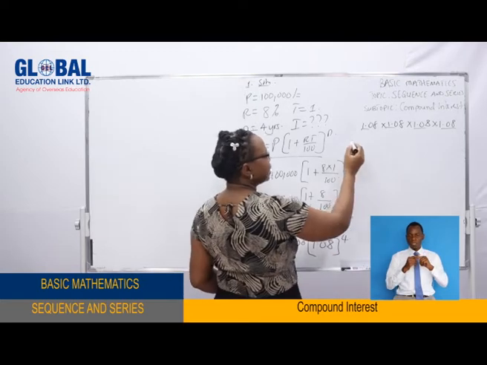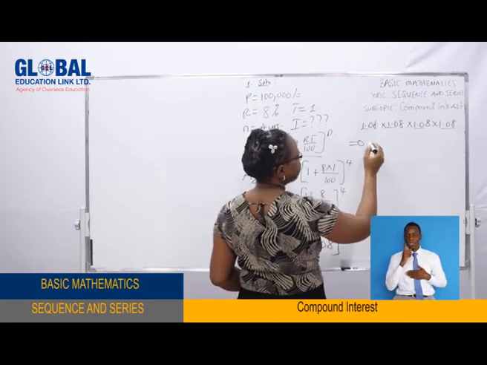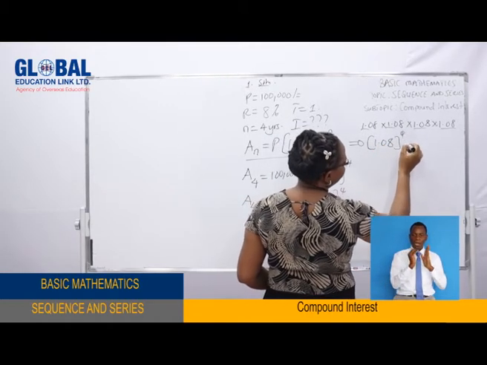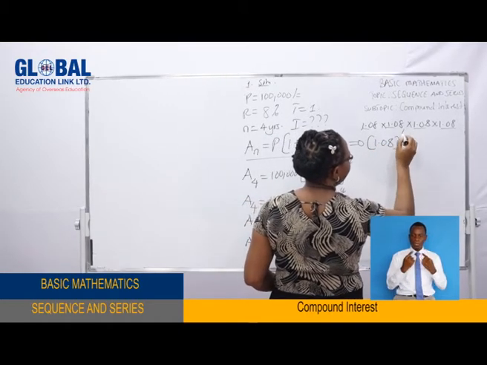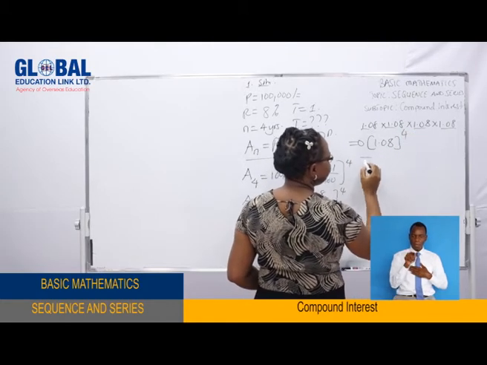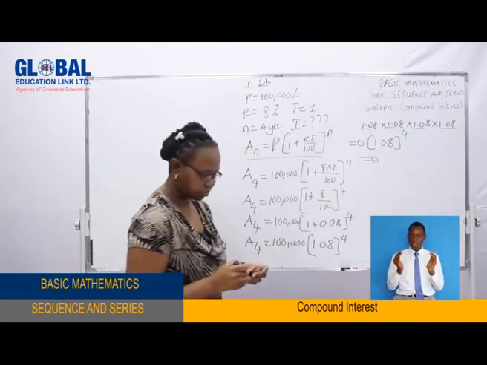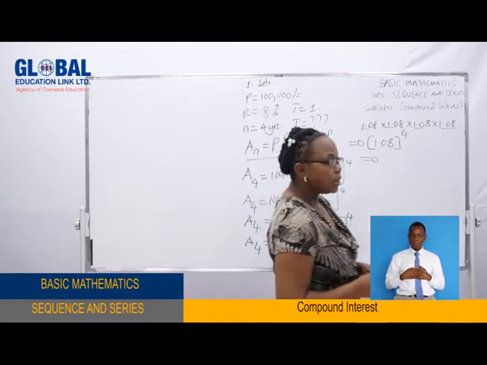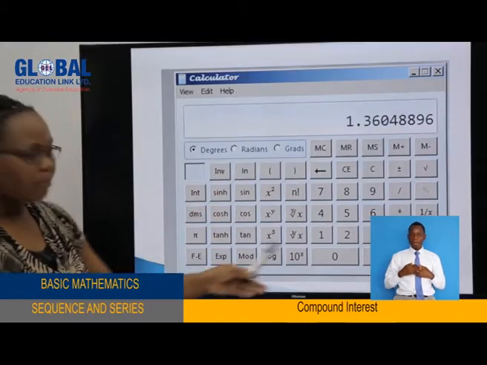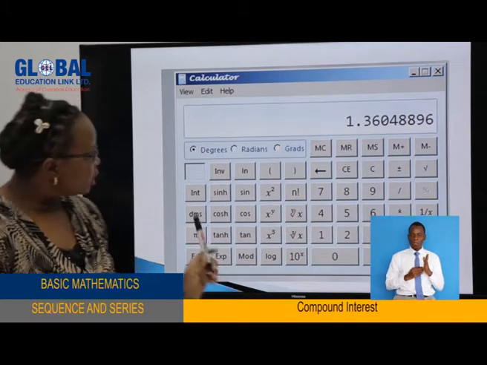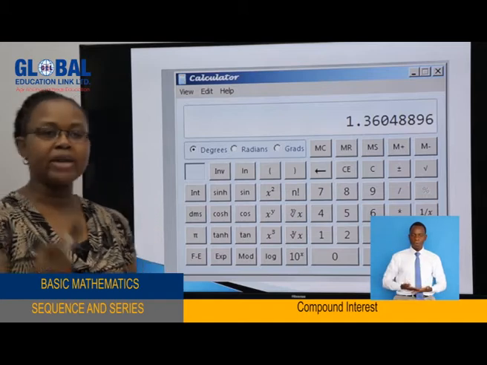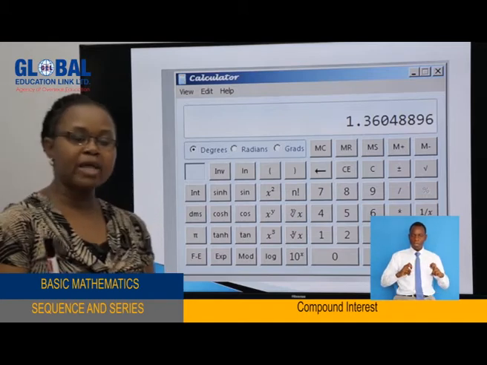But by using a calculator, you can say 1.08 power 4. This example of a calculator will help you to find how to multiply that number.